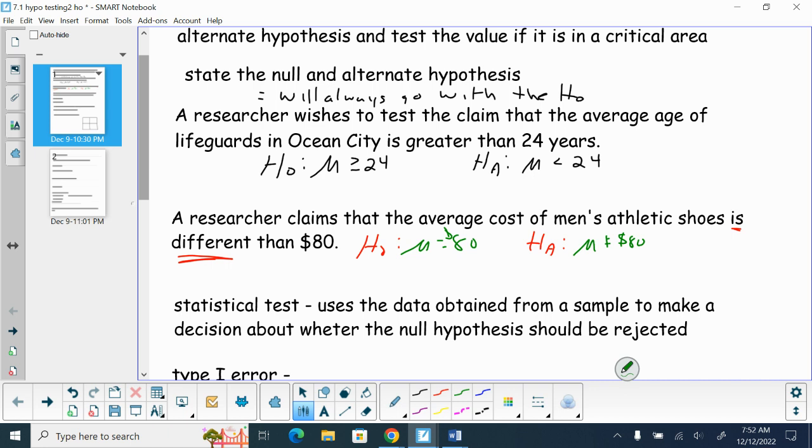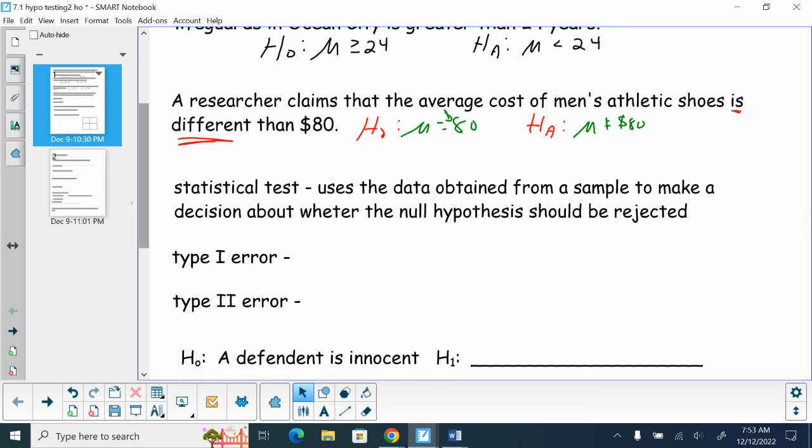Most of the time, the null and alternate hypothesis will be pretty straightforward for you. Sometimes there are going to be a few tweaks in there. We're limited in the amount of time we had to deal with this, so I'll pretty much keep them straightforward. You'll be able to determine by the statements in the problem where my null and alternate hypothesis is going to go.